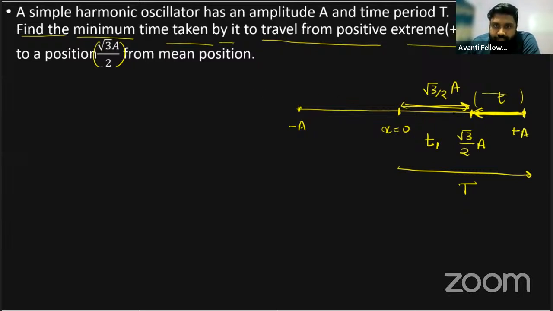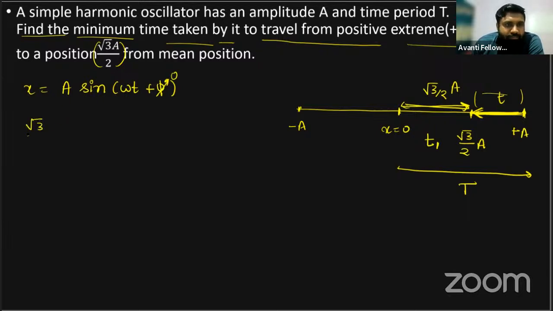Now, root 3 by 2 into A. X is equal to A sine omega t; we will consider it omega t plus phi. For easiness, we will consider phi is 0.